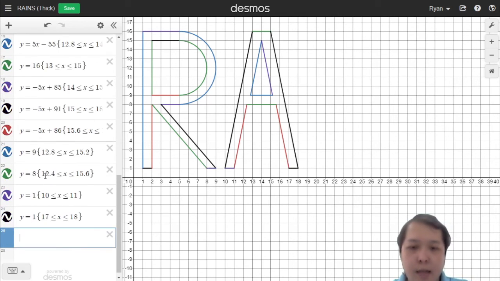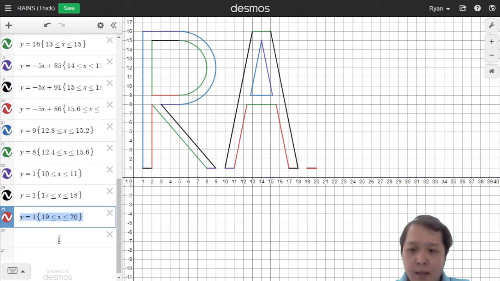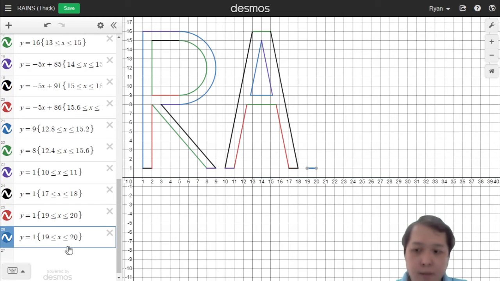Yeah, nice. 2 down, 3 to go. Now the easy one, okay. Y is 1 from 19 until 20. Similar thing for the top part, it's y equals to 16.